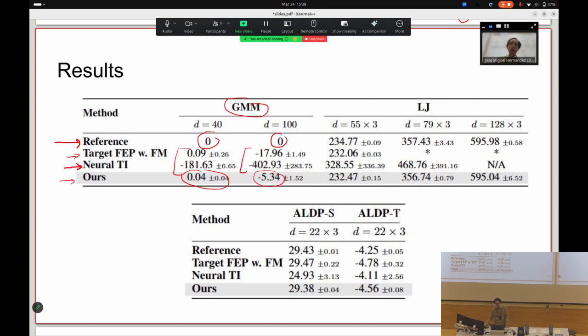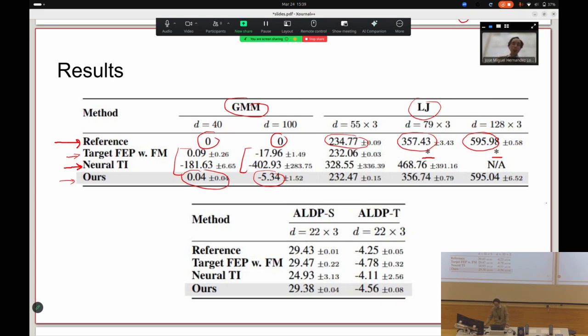Okay? In the Lennard-Jones problem, we have the values given by MBAR for different number of particles, 55 particles, 79 particles, and 128 particles. Target free energy perturbation doesn't scale to this size of problems, so we couldn't calculate the results of that method. You need to integrate the divergence. That method is not scalable.